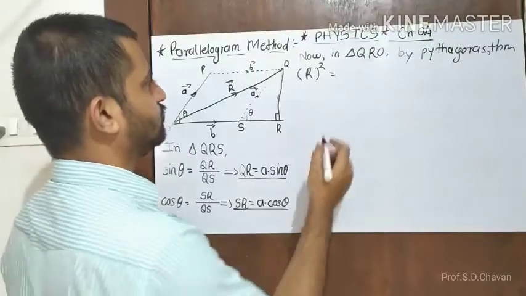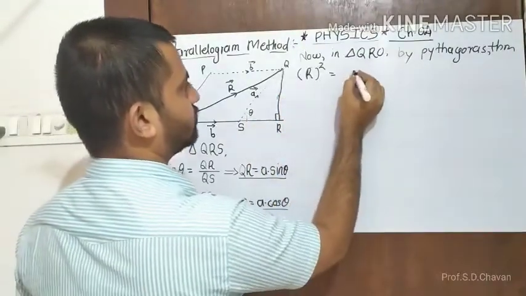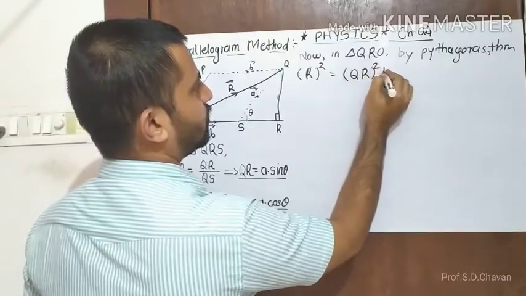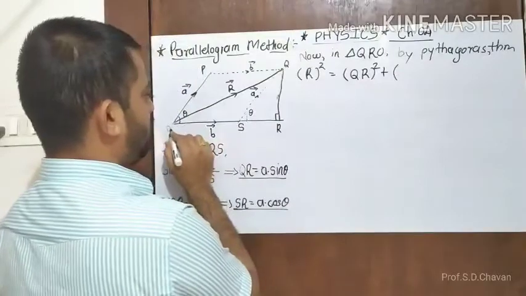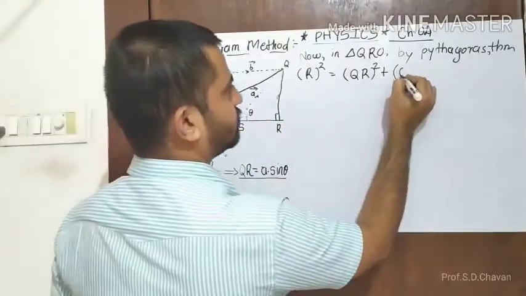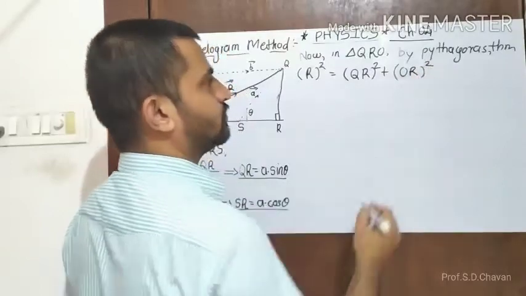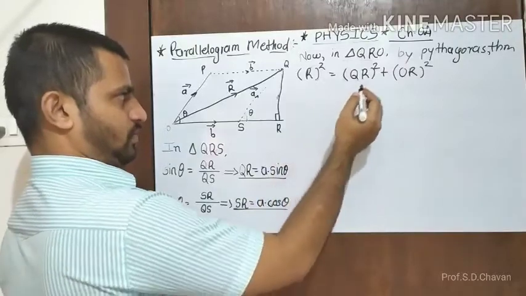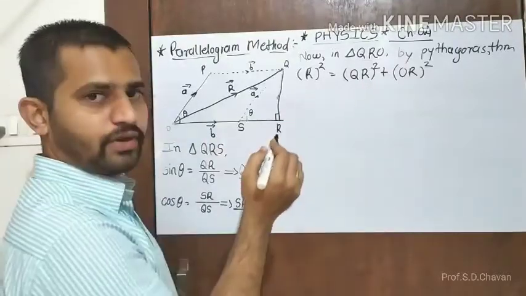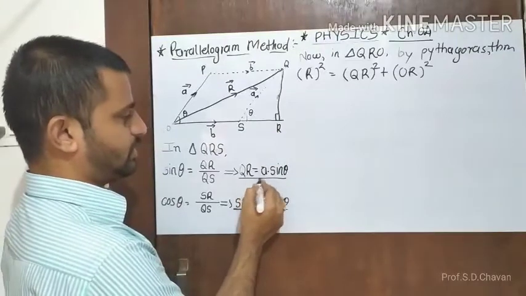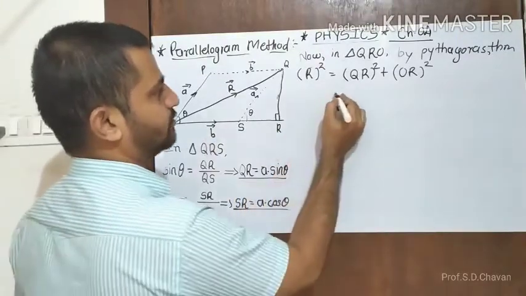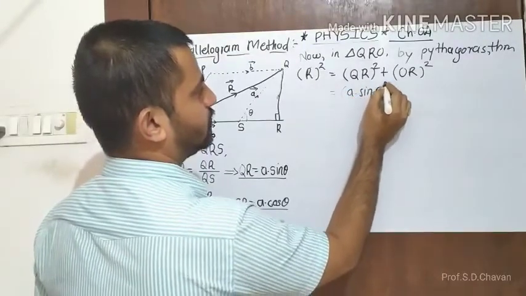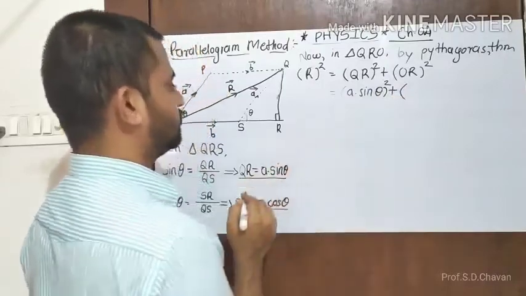R square is equal to QR square plus OR square. Now if I put down the values, what is the QR? QR is nothing but A sin theta. So write down here (A sin theta) square plus, what is OR?